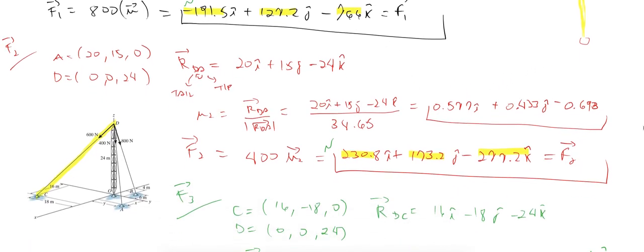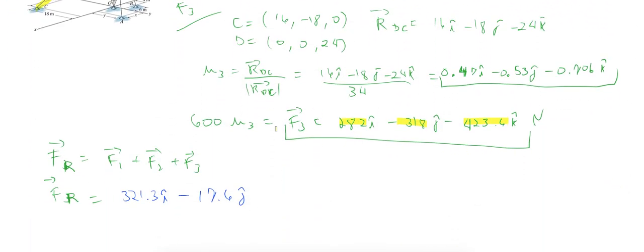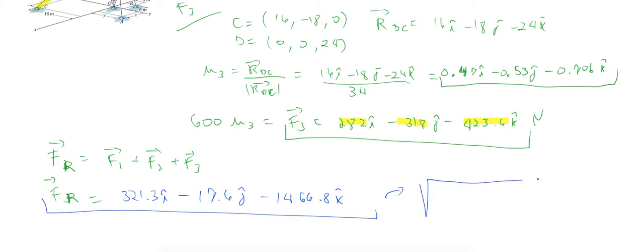It does make sense though, because the z direction is going to fill a lot of that pole. So minus 1466.8. Okay, awesome. That's FR. Does this tell us the answer of the magnitude? No, it doesn't. So what we have to do is take this and square it. This time I'll show that middle step.